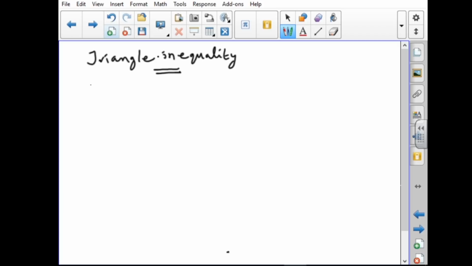So, for any two complex numbers z1 and z2, modulus of z1 plus z2 is always less than or equal to modulus of z1 plus modulus of z2.